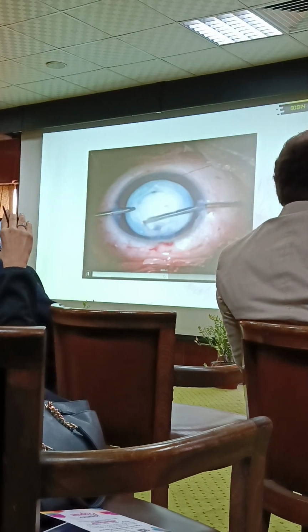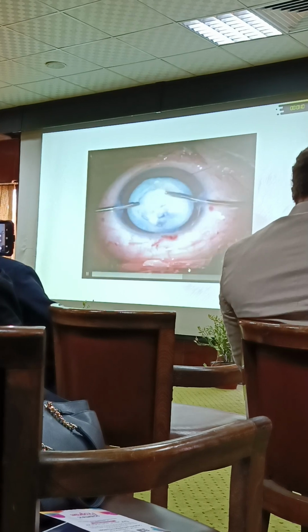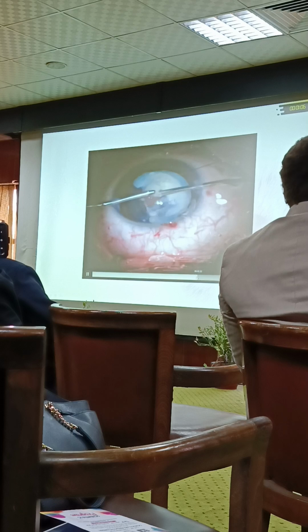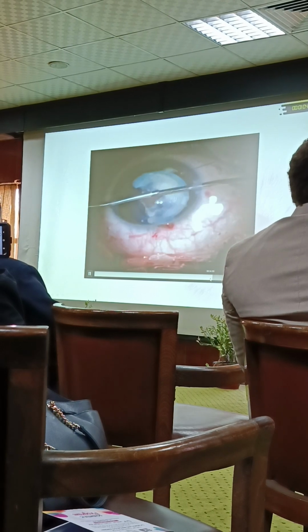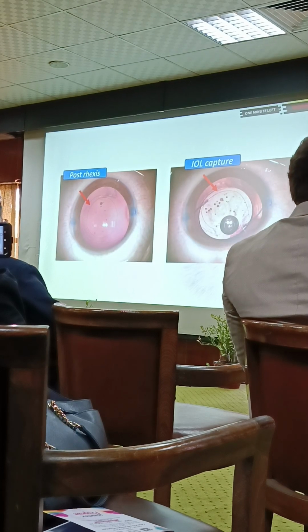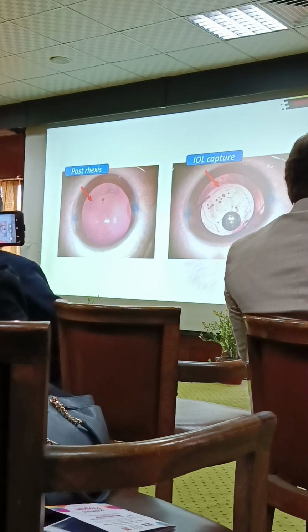Also during the IA, the lens matter is very thick and calcified and very difficult in aspiration. This is after posterior capsulorhexis and 3-piece IOL in the sulcus with optic capture.